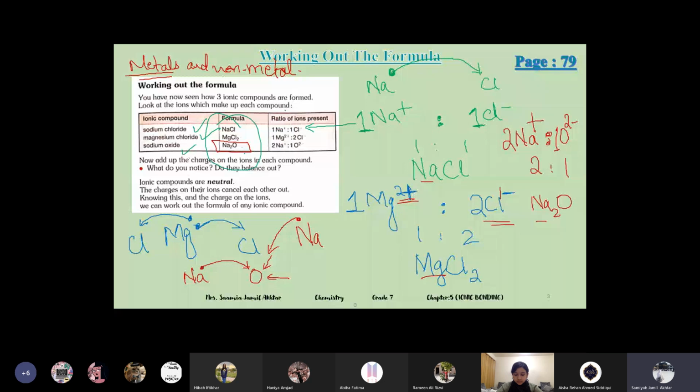And in sodium oxide, sodium is positive, but there are 2 sodium atoms, so the plus charge becomes 2 and the negative charge is 2, so they balance out. So ionic compounds are neutral.